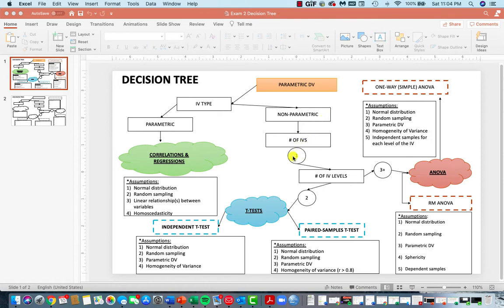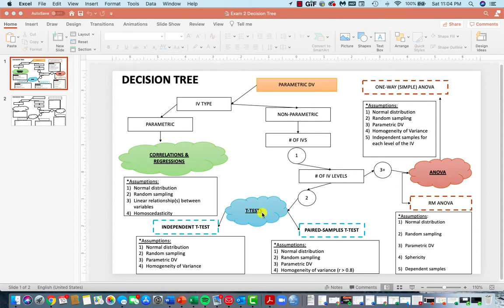We should only have one independent variable, and when we investigate how many groups we are splitting this independent variable into, it should only be two. When we have two levels of a single independent variable matched with a single dependent variable measurement, we're going to be using a t-test.